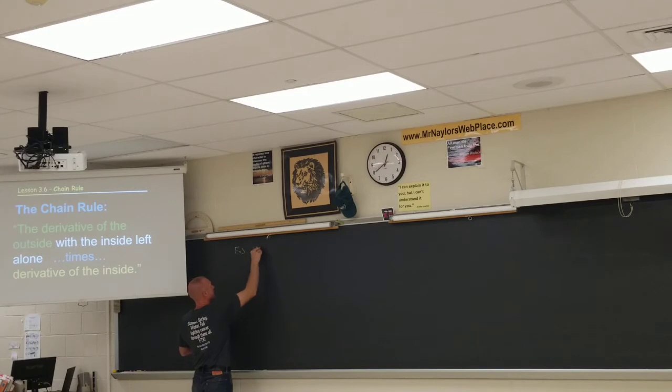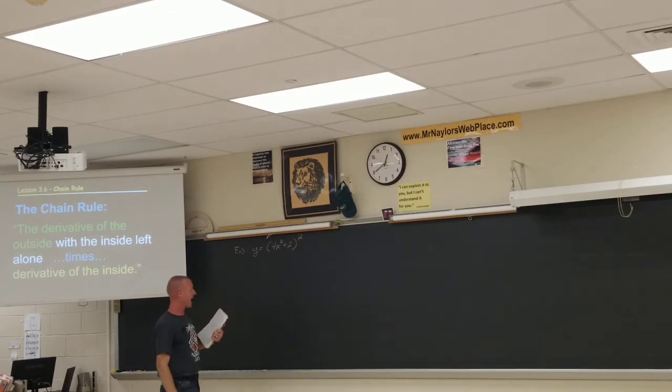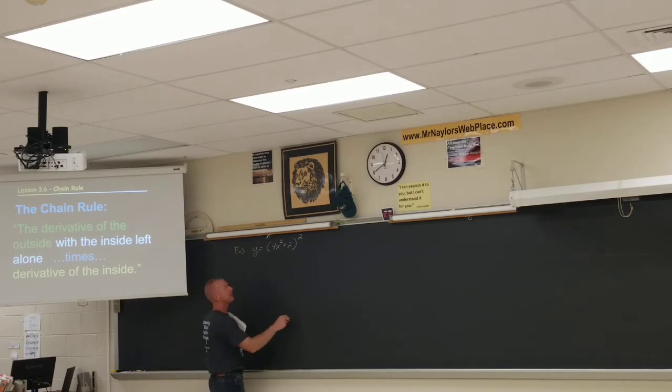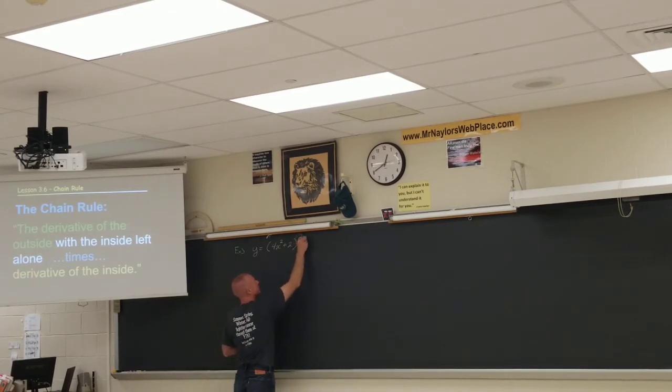All right. The other thing that's important is just to realize that the types of problems that we're looking at now are different. They're different because they have multiple functions. They have, in this case, two functions. And the first thing we want students to be able to start to see is, in a problem like this, that I have y equals 4x squared plus 2, the quantity squared, that the square is actually our outside function.